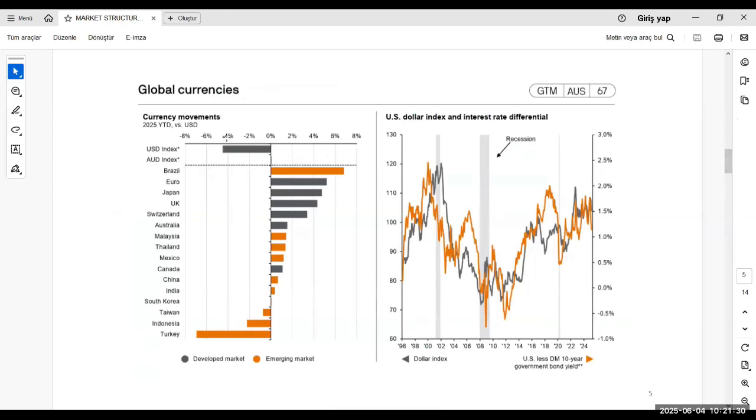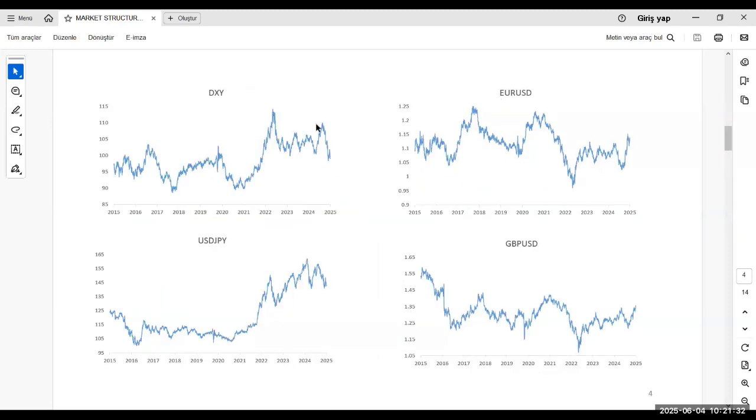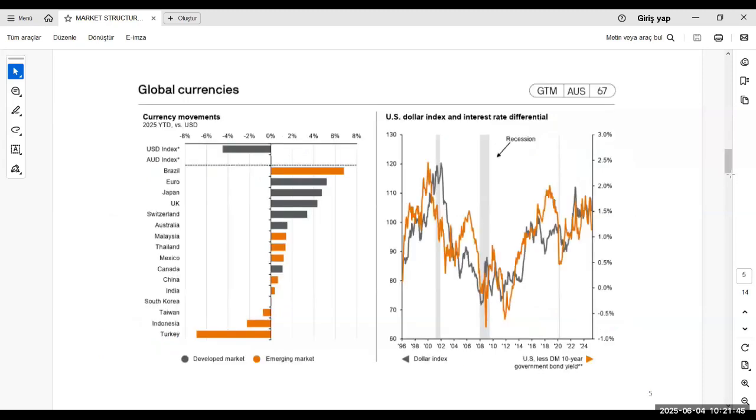And this is decreasing approximately 4% year to date. Yes, this is normal. From here to here, you decreased, right? From 105, now you are around 100, meaning approximately 4% decrease in the United States index.